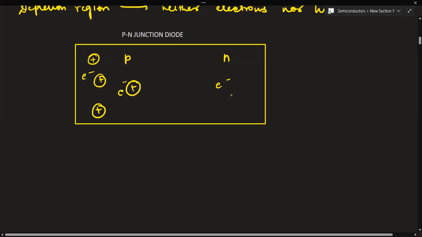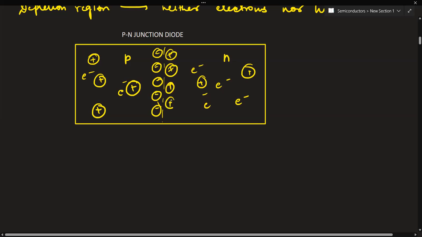This is the N side, comprising more electrons and fewer holes. This will create a barrier potential because of the accumulation of negative charges in the P side and positive charges in the N side.